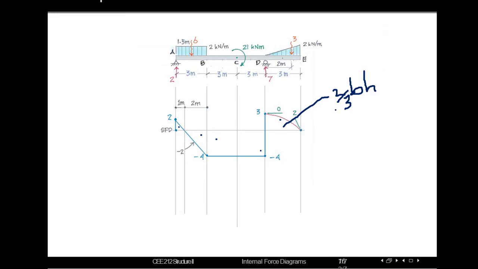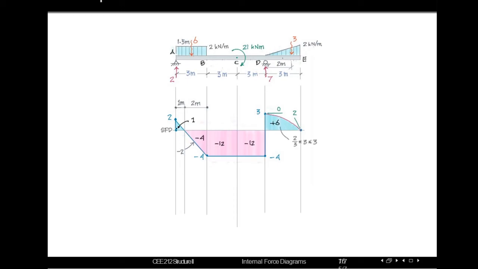Applying this 2 by third BH, we can see the base is 3 meter and height is 3 meter. So 2 by 3 into 3 into 3 in total will be 6. So the area will be 6 for this section. Positive 6.